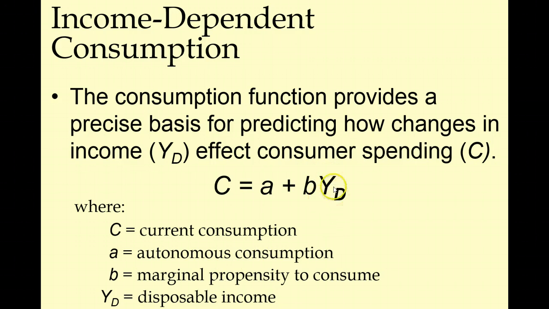And that's going to be a product of your MPC, marginal propensity to consume, and your income. So if I give you $1 more income, if I multiply it by your marginal propensity to consume, that tells me how much your spending is affected. So these are the parts that make up the consumption function. And we're going to take this up in the next video.